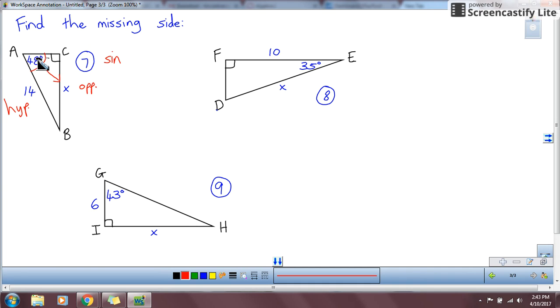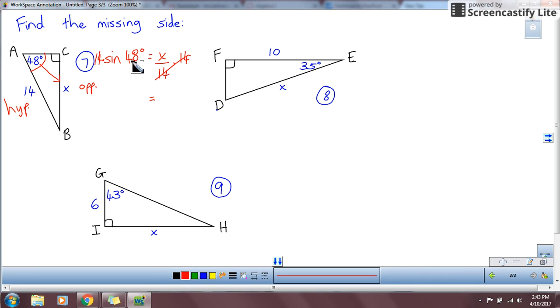So you would write sine. You wouldn't write angle A anymore because we have a measurement. So you would write sine of 48 degrees equals opposite, which is x, over hypotenuse, which is 14. And now we're going to solve this equation for x. So we would multiply both sides by 14. So x is going to equal 14 multiplied by sine of 48 degrees.